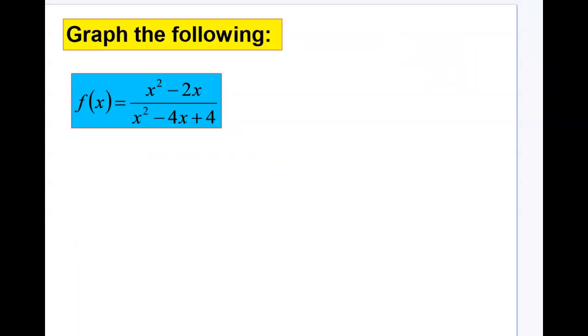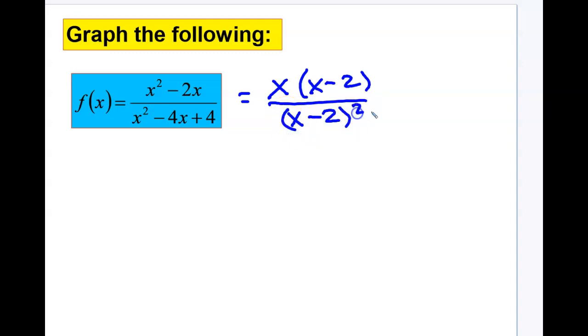Okay, let's take a look at this next example. So in this next example, again, I'm going to factor an x out of the top. So that's going to be an x minus 2. And if I factor the bottom, it actually works out to x minus 2 times x minus 2, which is x minus 2 squared. So now my non-permissible value is going to be x cannot equal 2.